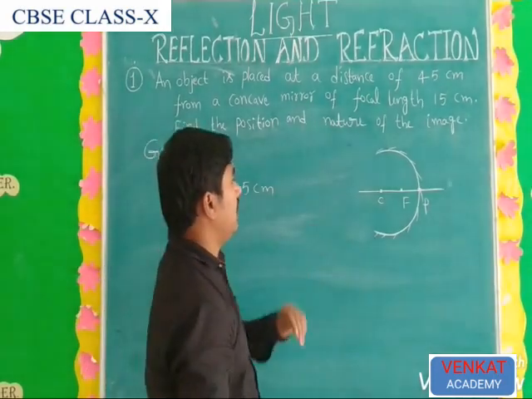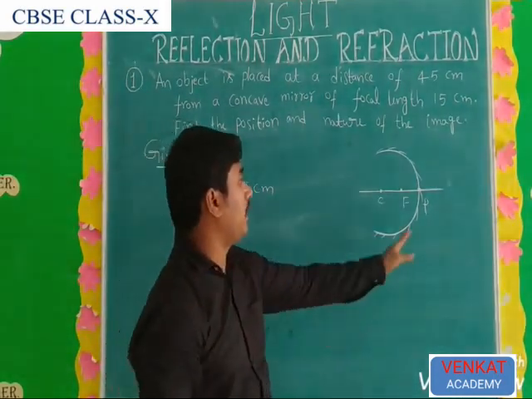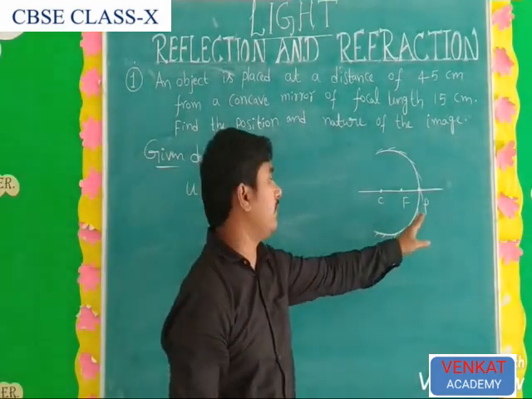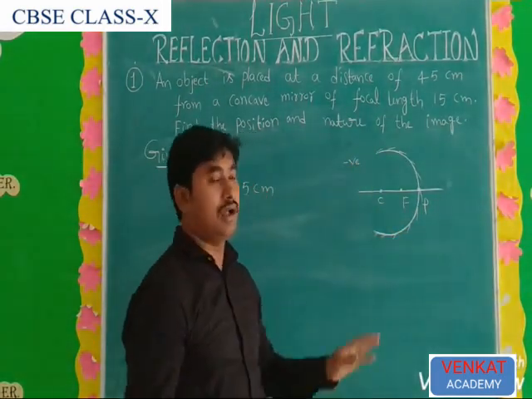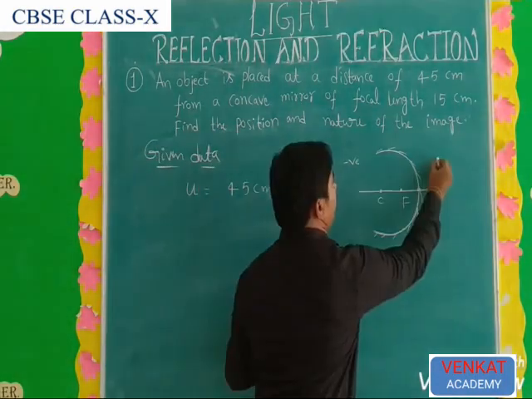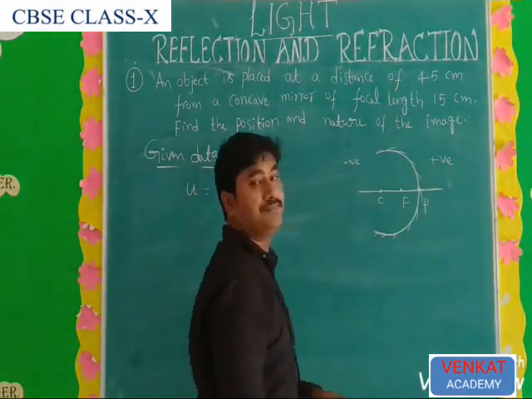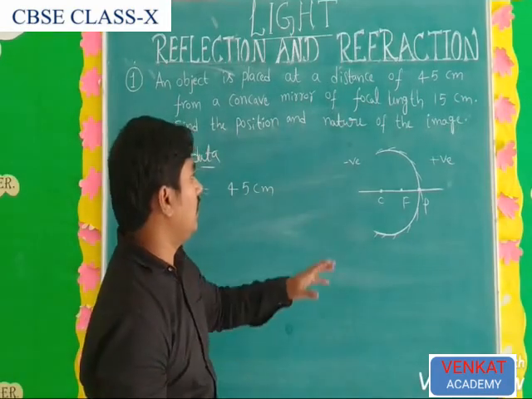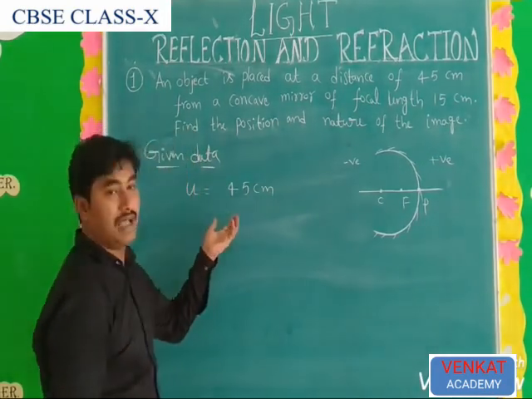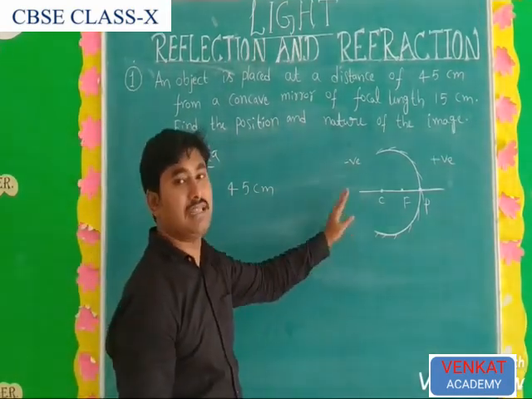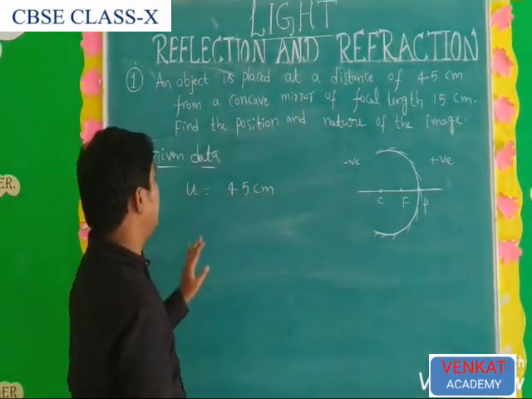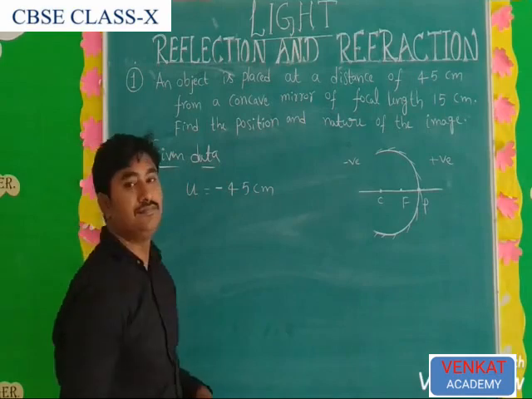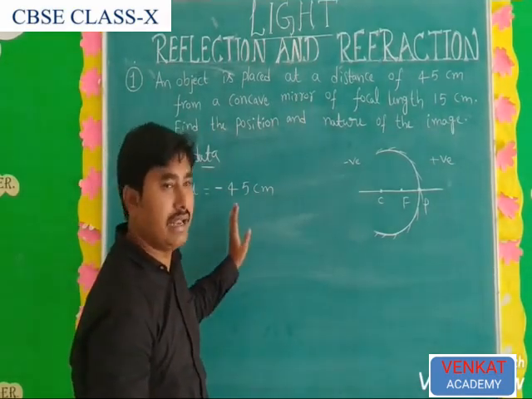As I explained last time, the left side of the pole should take negative values, and the right side of the pole should take positive values. That's why, as I said already, the object is always on the left side of the concave mirror, so the object distance should be taken as negative.